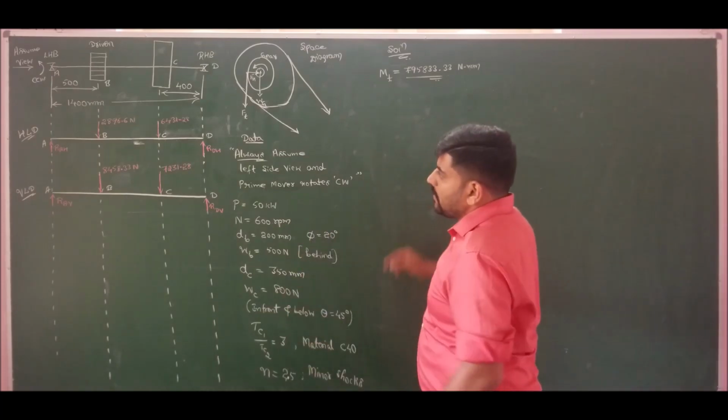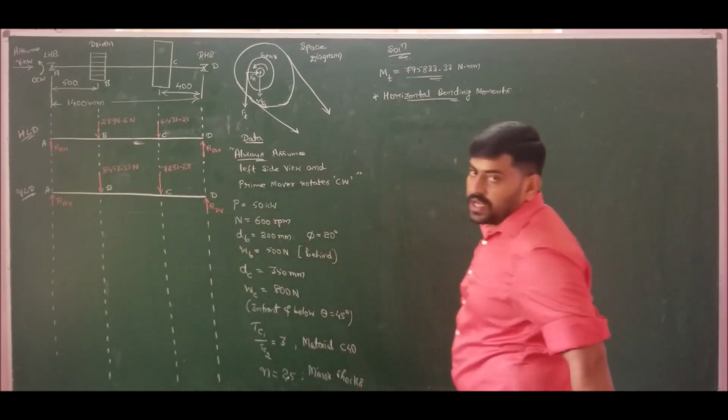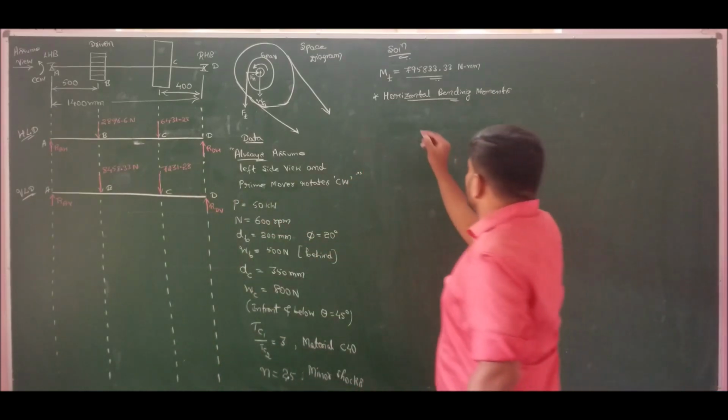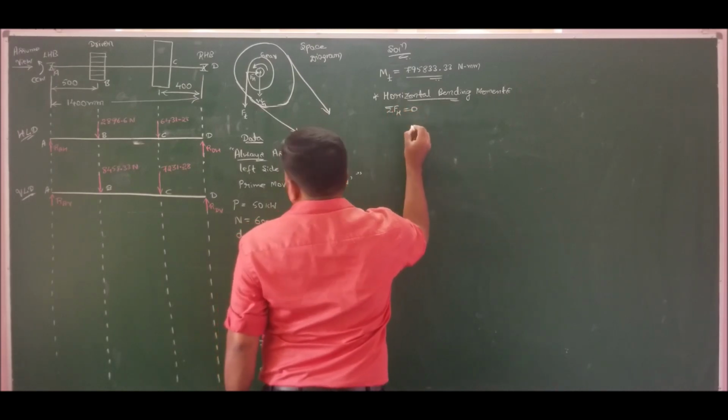Now coming to horizontal bending moments, you know that first we should find the support reactions RAH and RDH. For that we should use summation of force equal to 0.